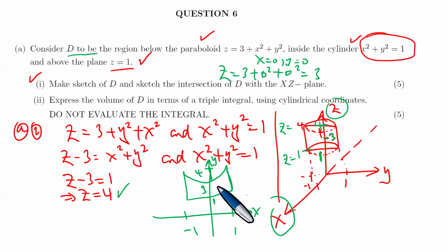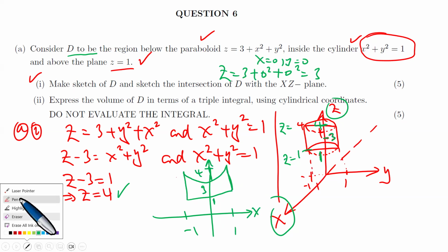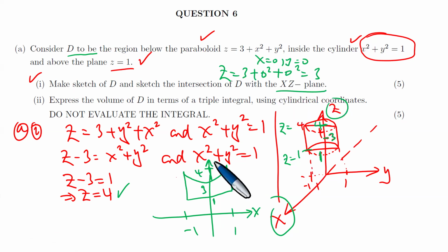If you slice it, this is the cross section of the XZ plane. This one is going down. So yeah, this becomes the answer, the XZ plane. Okay, so we have exactly that.